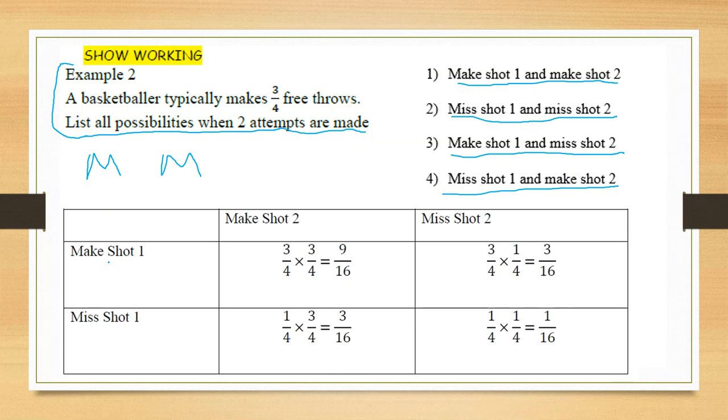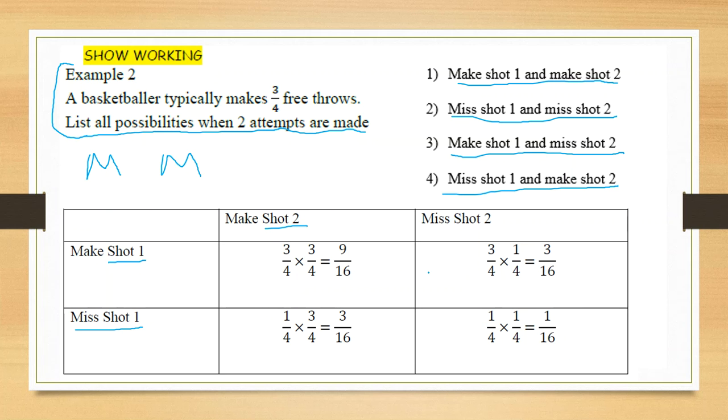Make shot 1, make shot 2, and the probability would be 3/4 times 3/4, 9 in 16. If you missed shot 1, so option 2, and missed shot 2, we would have this one. So 1/4 times 1/4, which is 1 in 16.